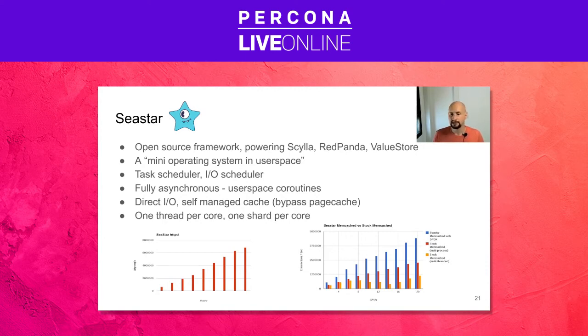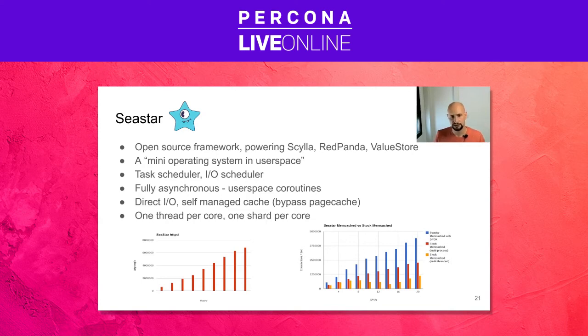It's using direct IO, so it completely bypasses the page cache, and it manages the cache on its own. This means we can have one thread running on every core, one kernel thread, or in this case a Seastar thread, it's the same, which will be pinned to a specific core.